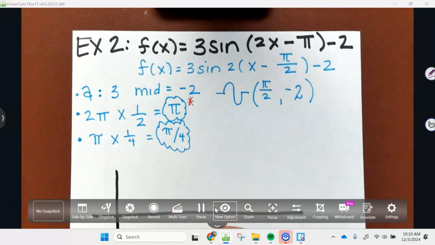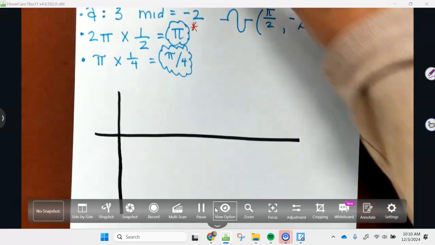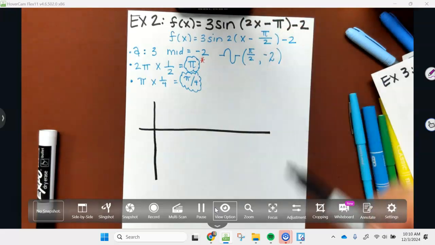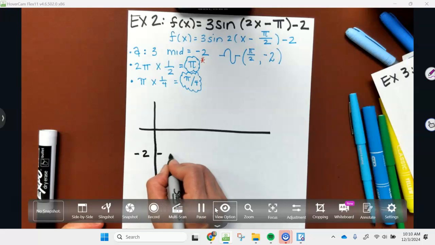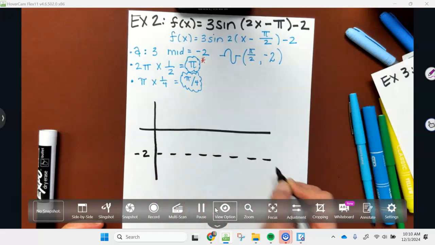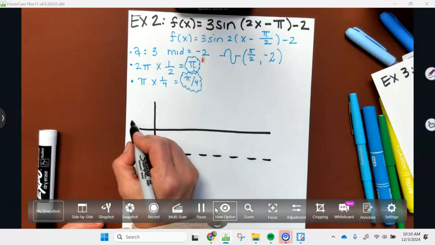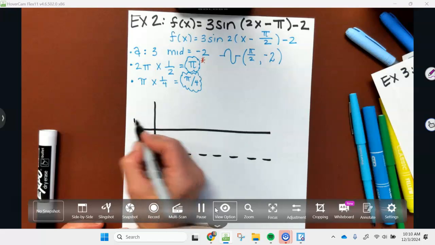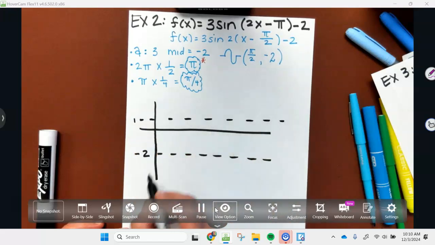I'm going to draw this down a little farther because the midline is negative. All right, if the midline's negative 2 right here, then my amplitude, the highest it's going to be is 3 places above it. So negative 2 plus 3 is positive 1. 3 places below negative 2 is negative 5.